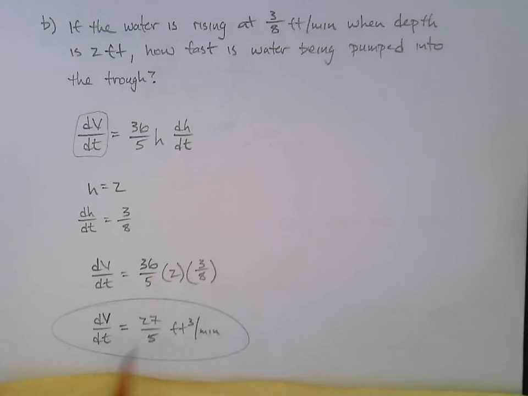You could answer there as a decimal too. Either way is okay. Kind of the general rule of decimals versus fractions: if it's a terminating decimal, then no problem, you can put that in. But if it's a decimal that you would have to round, then stick with the fraction because we want the precise answer.